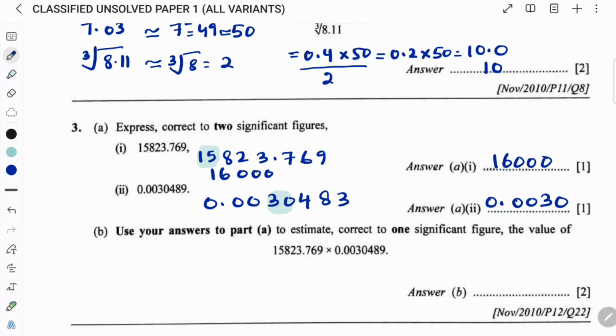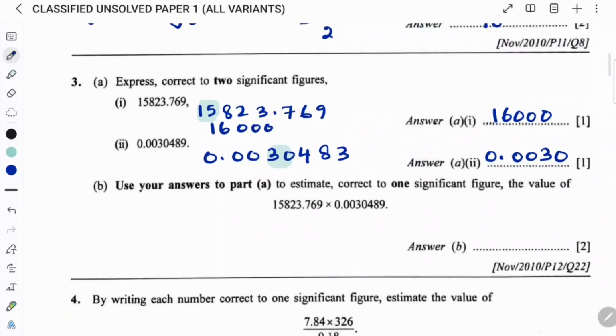Using your answer in part A to estimate, correct to one significant figure, the value of. Using your answer in part A means you had rounded off to two significant figures, done already. And now estimate and then write your answer to one significant figure.